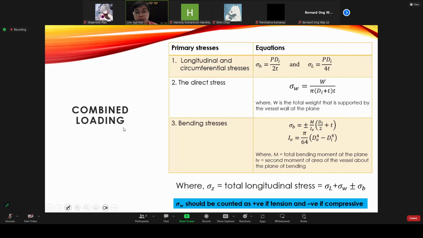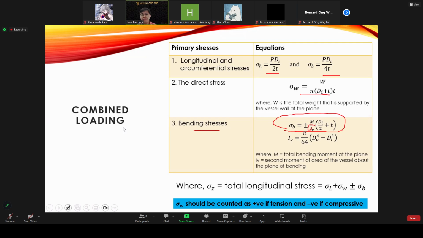So now here are all the equations that I showed you just now. To calculate the longitudinal and circumferential stress, this one and this one. Direct stress due to the weight or the mass of the process fluid, this one. Bending stress, this one.